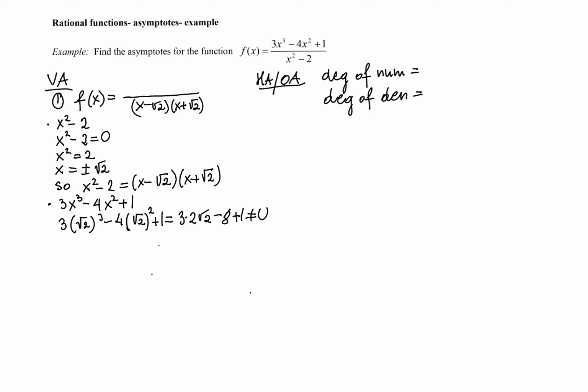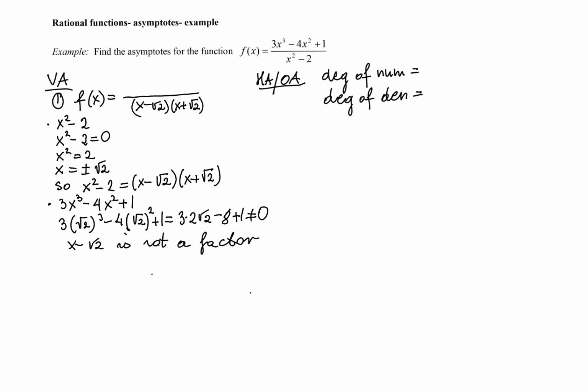And this is not going to be 0 because the first number, 6 square root of 2, is irrational and the other one is negative 7. So those cannot sum to 0. And therefore x minus square root of 2 is not a factor of that polynomial.